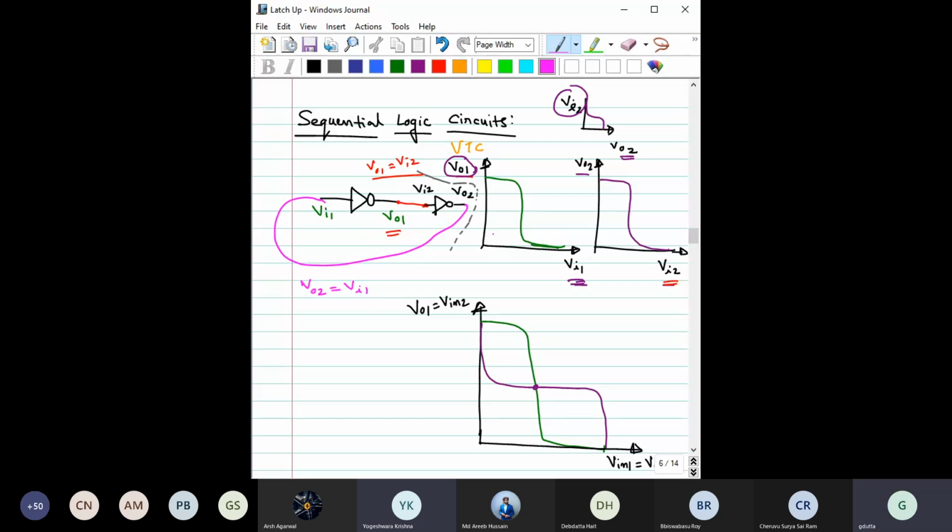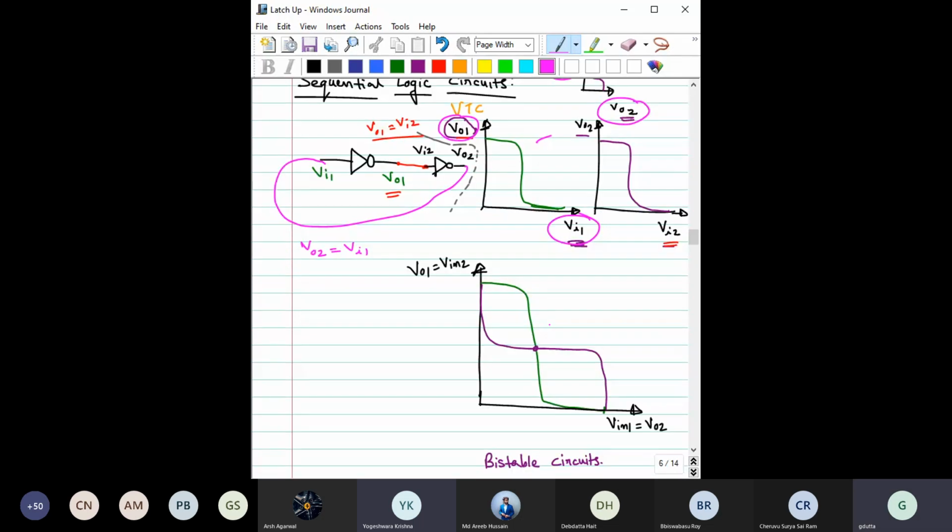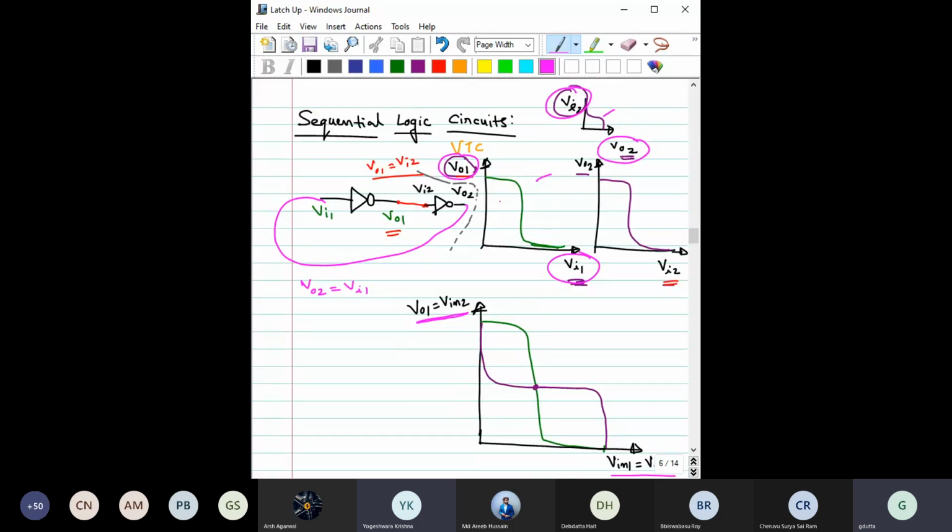So that way this equals this equals this. Then we can superimpose these two VTCs on a single plot. Here we have already written VO1 equal to VI2 and VI1 equal to VO2. These two plots have to be superimposed and you will get a VTC something like this.